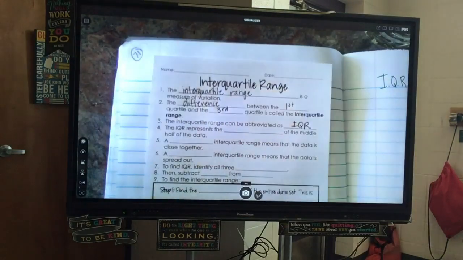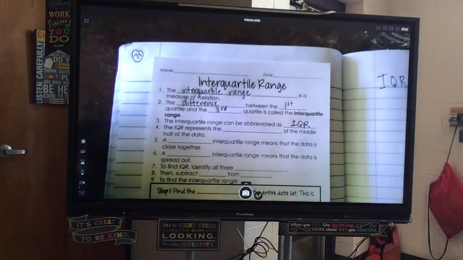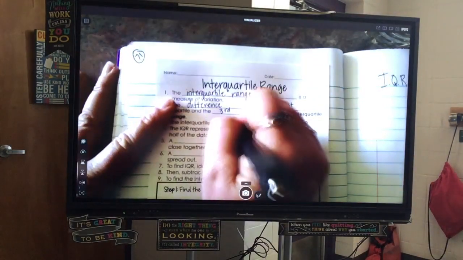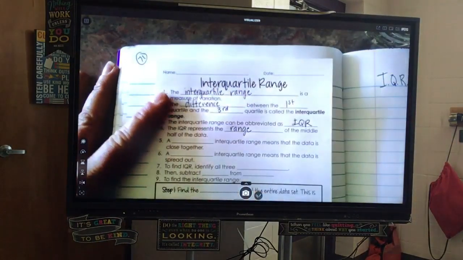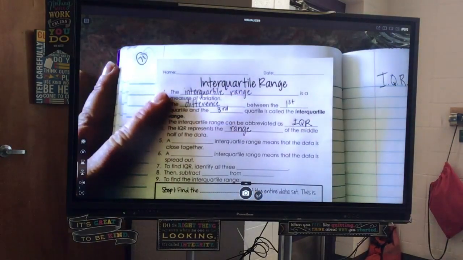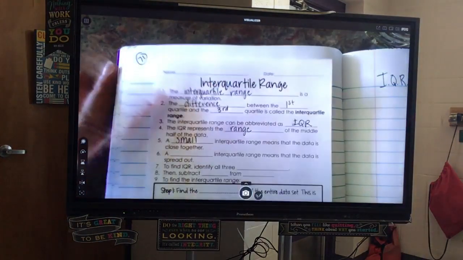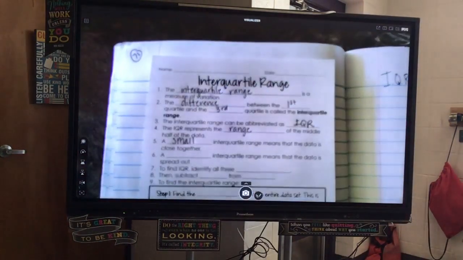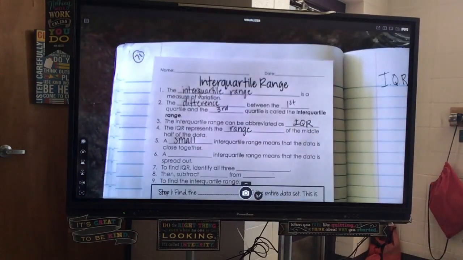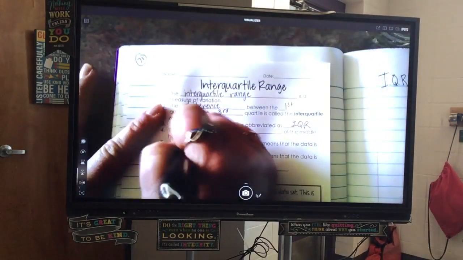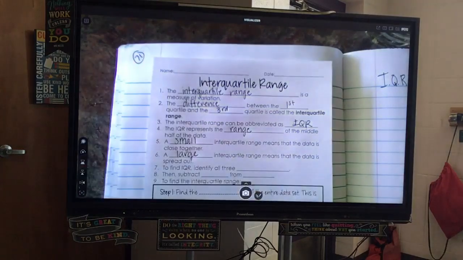All right, the interquartile range can be abbreviated as IQR. The IQR represents the range of the middle half of the data. A small IQR means that the data is close together, and a large IQR means that the data is spread out.